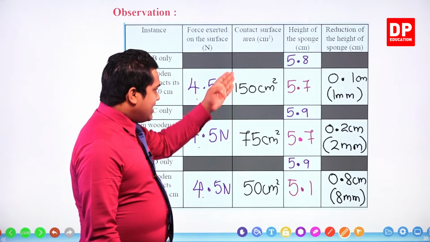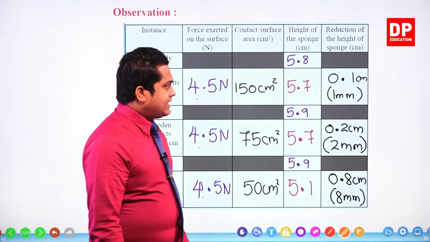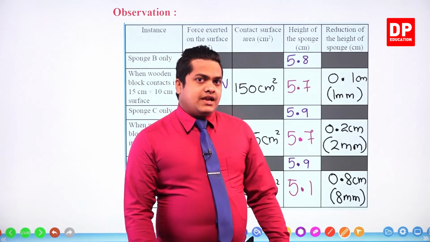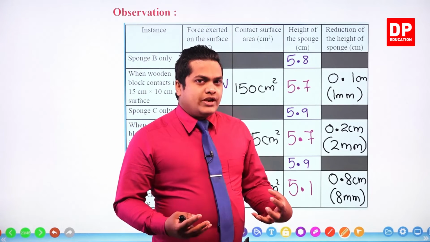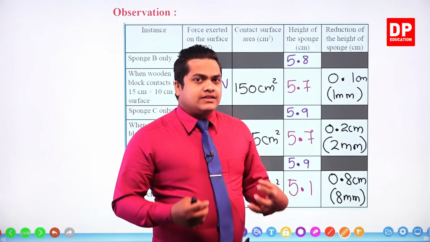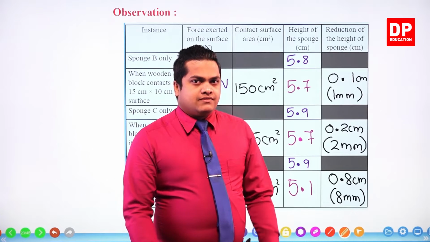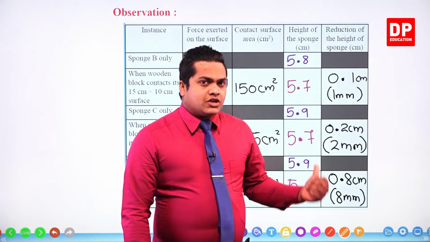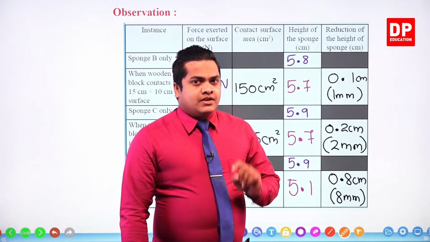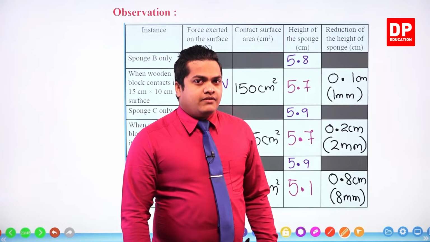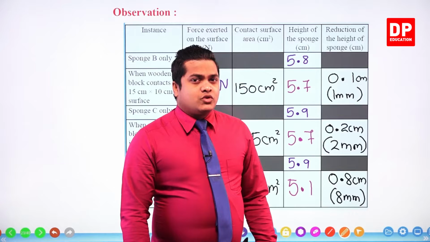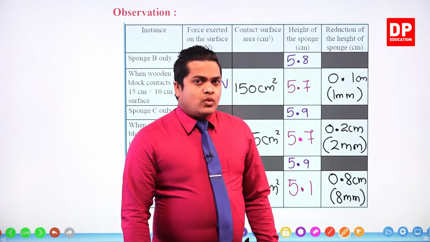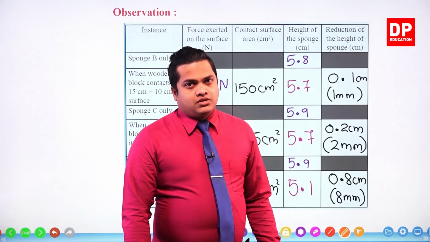Means that greater pressure is exerted on the sponge. So upon the reduction of surface area, we can finally say that the pressure exerted on that particular surface is going to increase dramatically. That's why the reduction in thickness also increases.